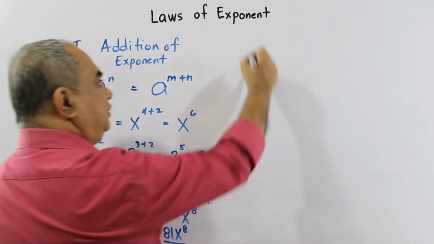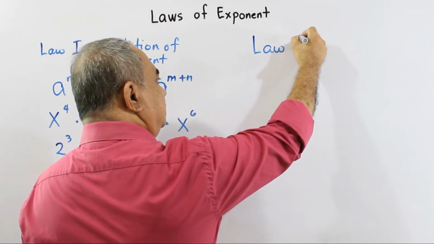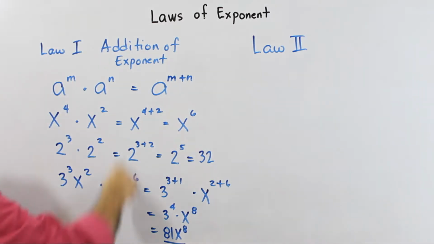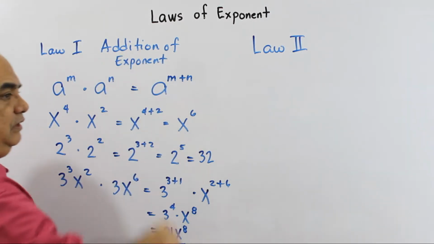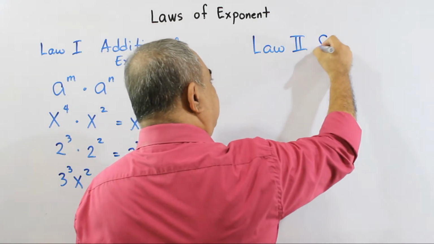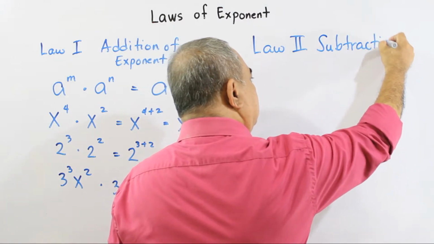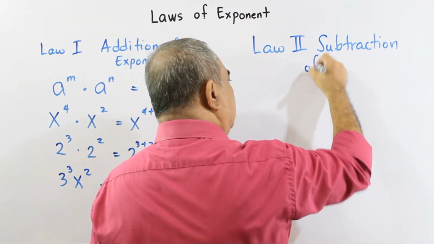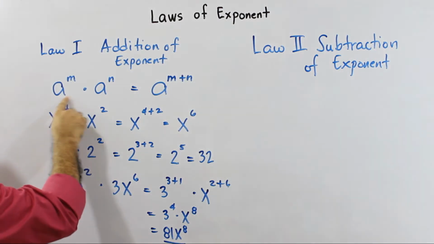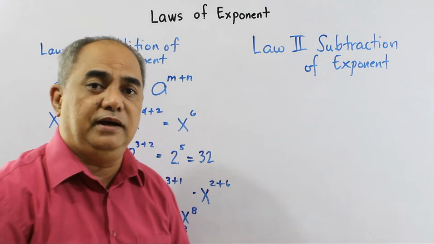For law 2, we have now the opposite of operation. Here we have addition of exponent, and the opposite of addition is simply subtraction. So we have now subtraction of exponents. In law 1, we have operations like multiplication, and the opposite of multiplication is nothing but division.